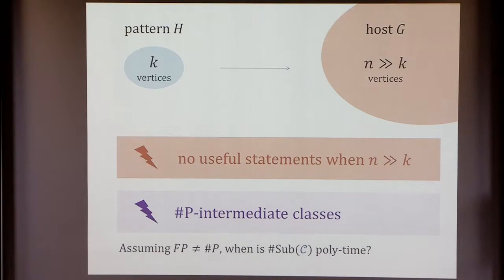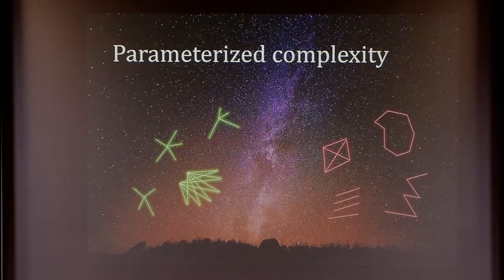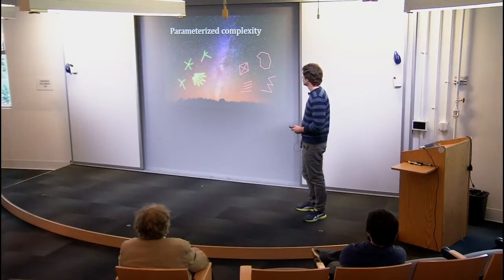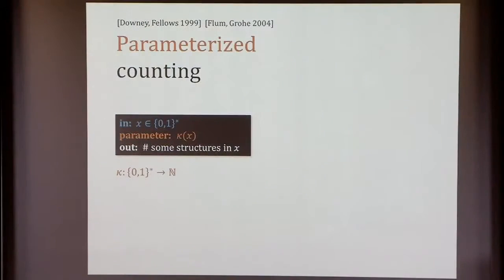So to get rid of these two problems, we actually don't study the problem under FP not equal to #P, but we pick a different model to study it. And this model would be that of parameterized complexity. So in parameterized complexity, the situation that we have is that we're looking at parameterized counting problems. So such a problem is just, given some input, output some number.